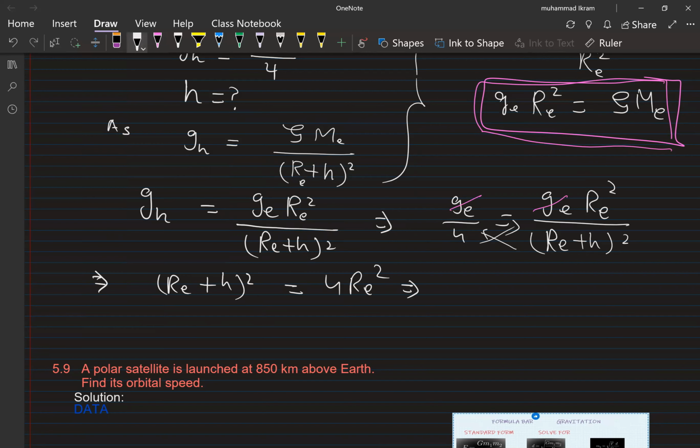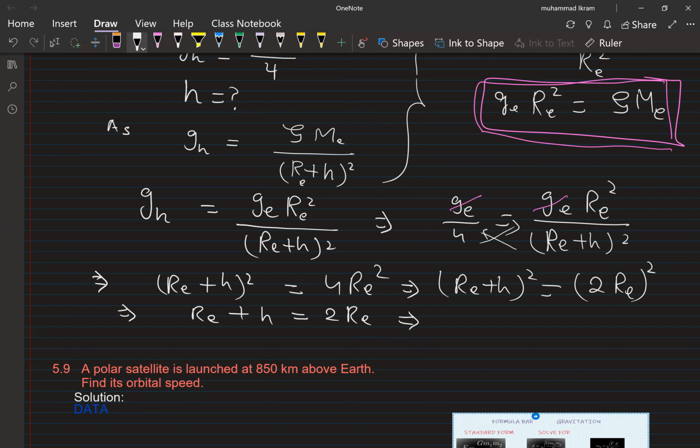Further, if you simplify, (Re plus h) whole square equals (2 Re) whole square. The square gets cancelled, and then Re plus h will be equal to 2 Re. This means that your h is equal to 2Re minus Re.